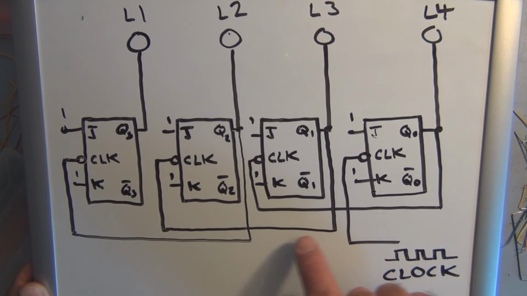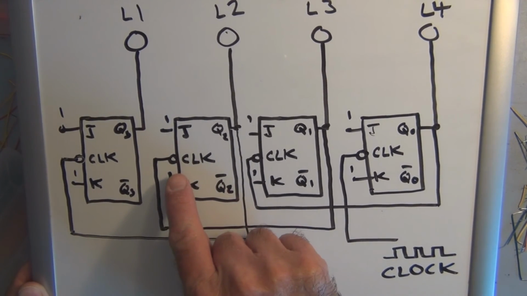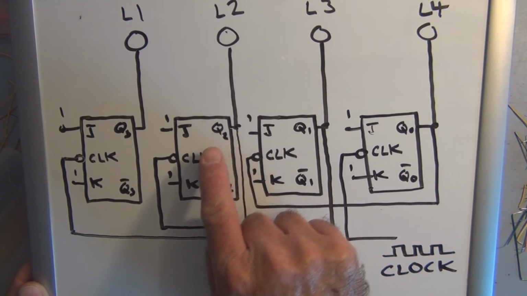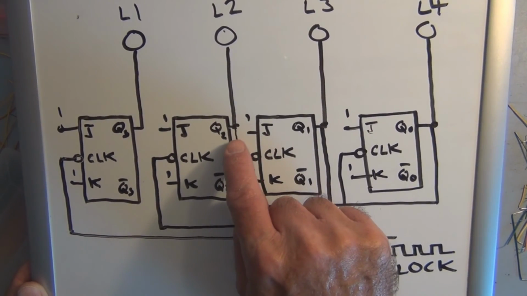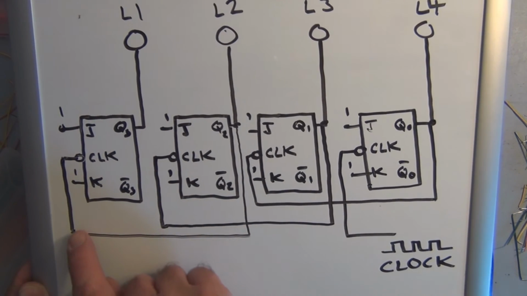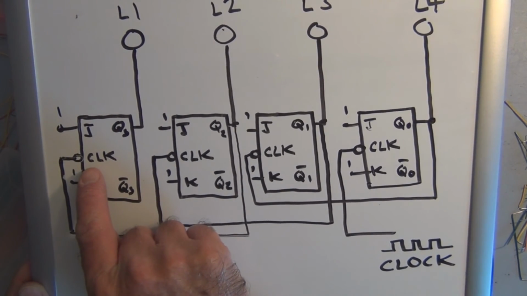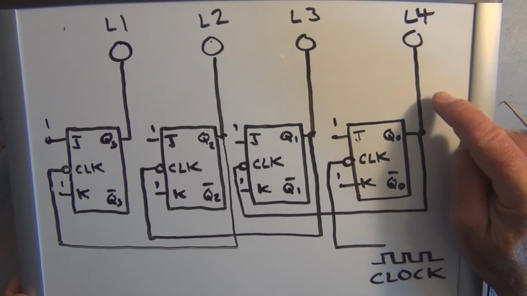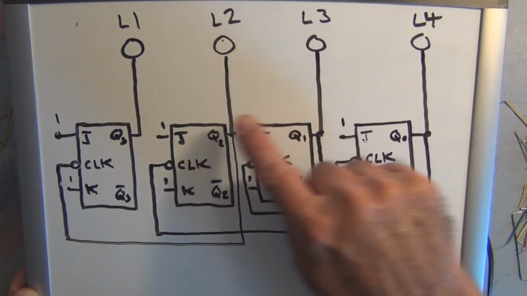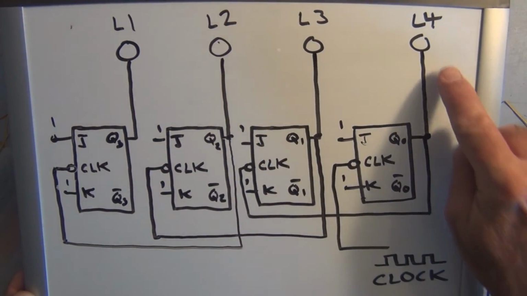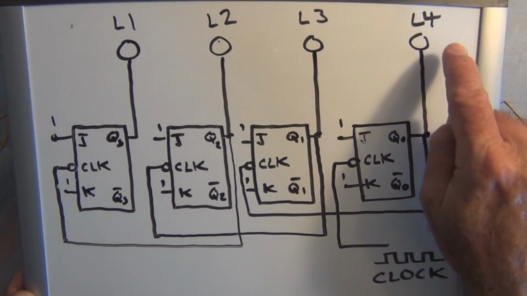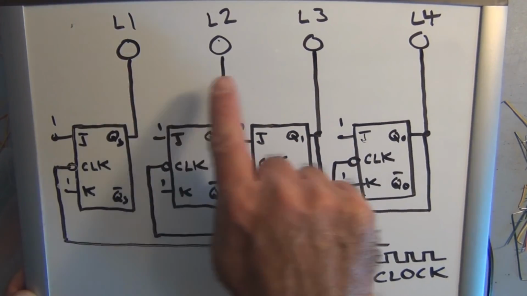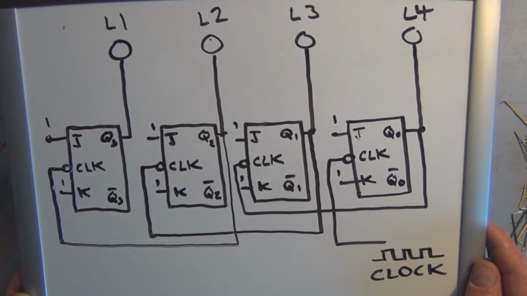Q1 gets fed to the third JK clock input, and the Q output from the third gets connected to the clock input of the fourth JK flip-flop. And then I'm monitoring Q0, 1, 2, and 3 to the LEDs. Well, they're labeled on the trainer in the opposite direction, 1, 2, 3, and 4.